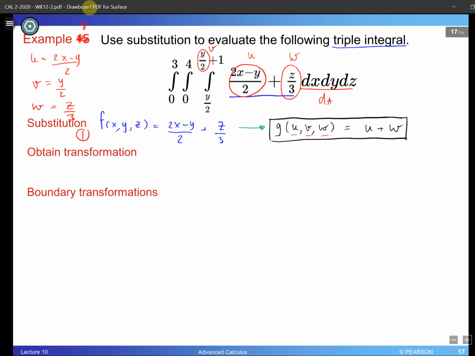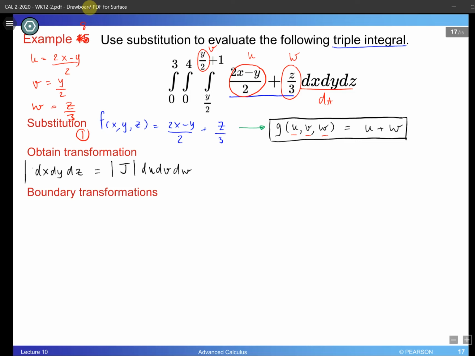Once again, we have this dx, dy, dz, the original differentials, and it's connected to the new differentials with the Jacobian determinant. Same formula. Jacobian determinant of du, dv, and dw.